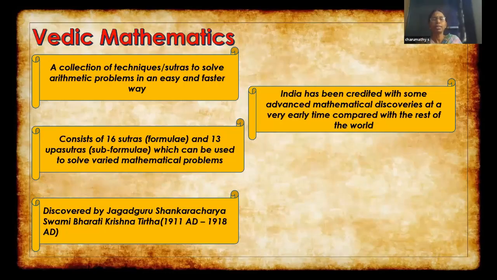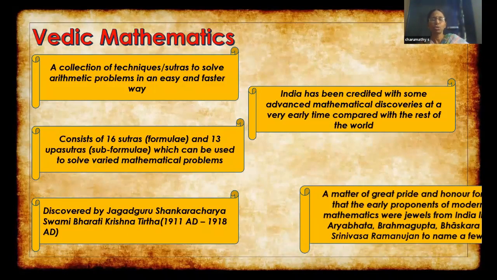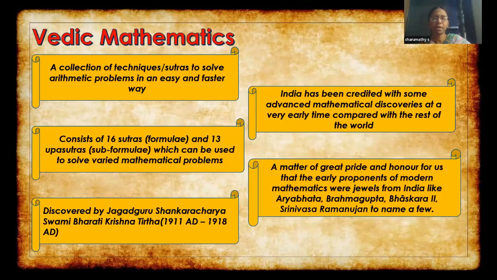So India has made some advanced mathematical discoveries at a very early time compared to the rest of the world. It is a matter of great pride and honor for all of us that the early proponents of modern mathematics were jewels from India like Aryabhatta, Brahmagupta, Bhaskara, Srinivasa Ramanujan, to name a few.